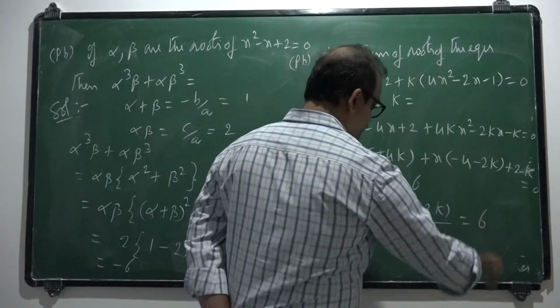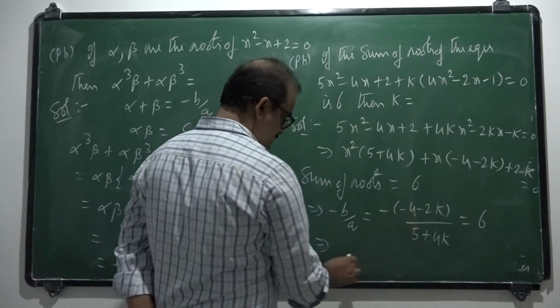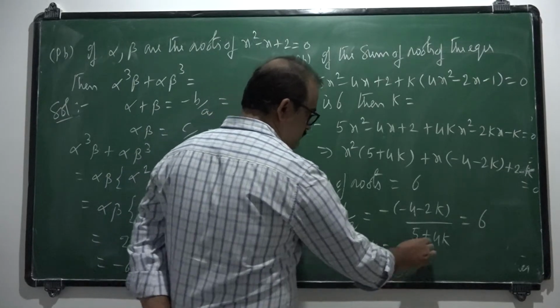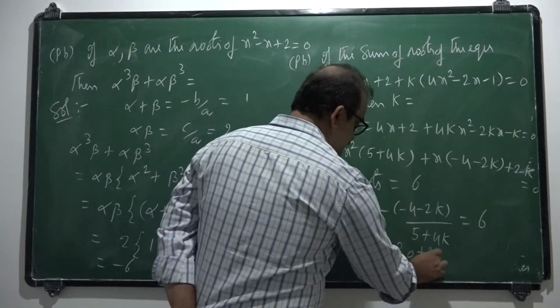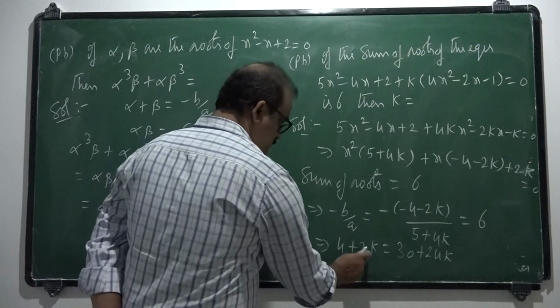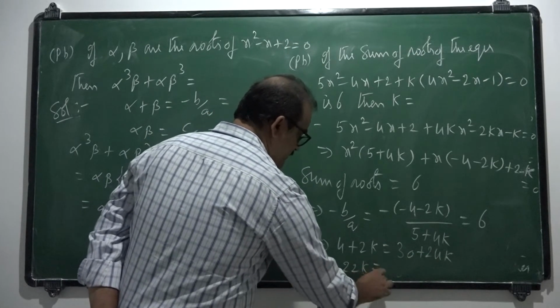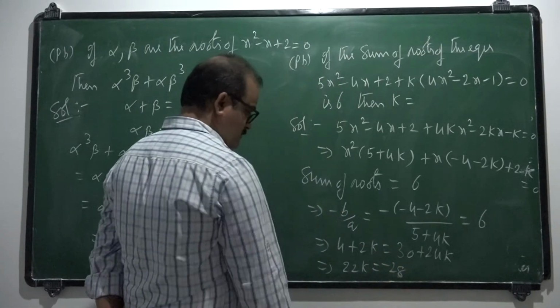Now on simplifying, find k value. Take this minus into bracket. 4 plus 2k is equal to 6 into 5, 30 plus 24 into k. 24 minus 2, 22k. 4 minus 30 minus 26.